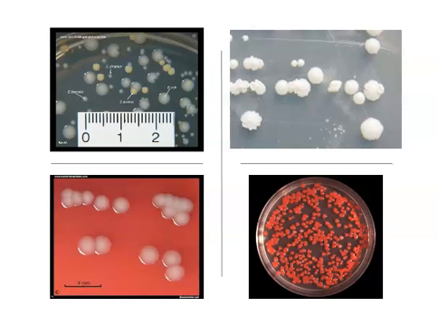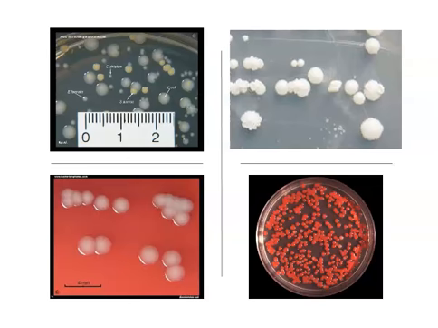The important thing to remember, though, is that when I see 3 distinctly different types of colonies, I can only say that there are at least 3 different organisms making those colonies.